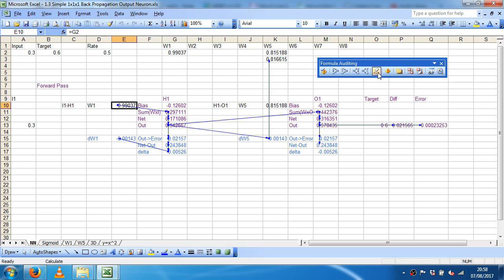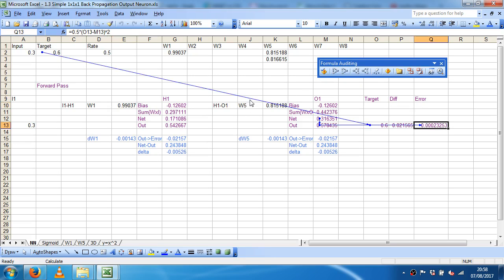But before we dive in, let's look at it from the other way around. We'll take the error and look at the precedent. So that goes from there to there and to there. Again, ignore this, this is just the target value coming in. But we've already worked out these first 2 steps. We worked out the gradient of that bit there is that, and the gradient of that bit there is that.